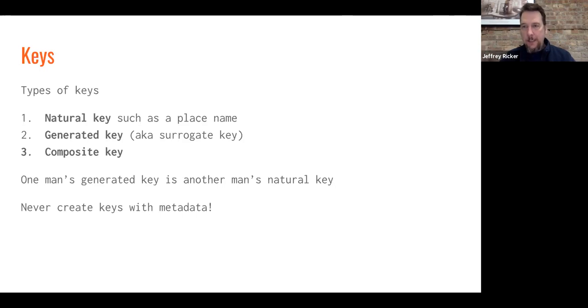Well, that's a generated key as far as the Social Security Administration is concerned. They just increment the number and hand the next baby a new integer, right? So it's a generated key for them. But for us, it becomes a natural key because we take that key with us everywhere.